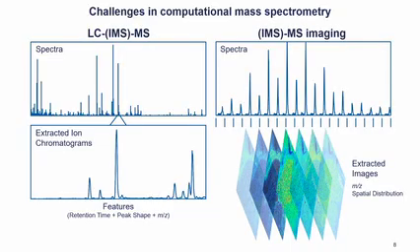But in mass spec imaging processing, it's a totally different story. There is no time dimension. We may have ion mobility, so we may have the mobility dimension, and we have spectra. And from these spectra, we can generate extracted images, so we can show the spatial distribution of each mass, but it's a totally different type of data.